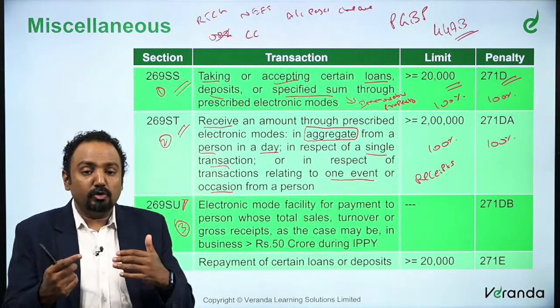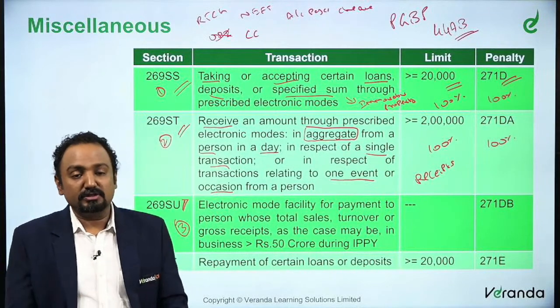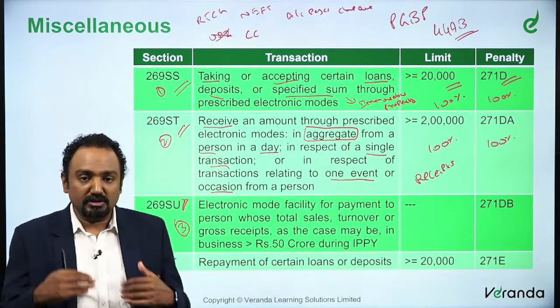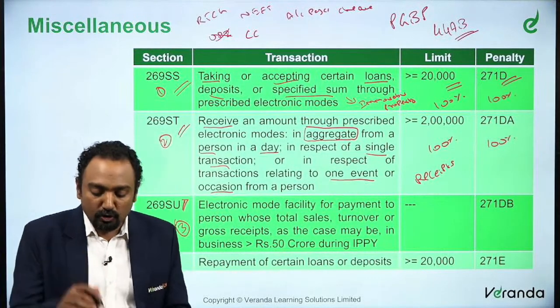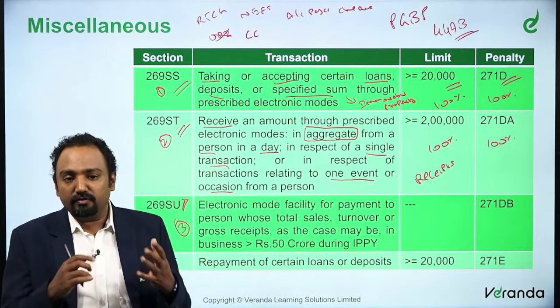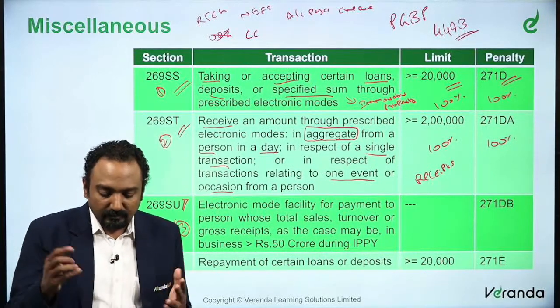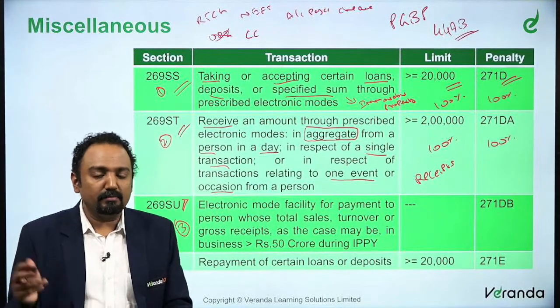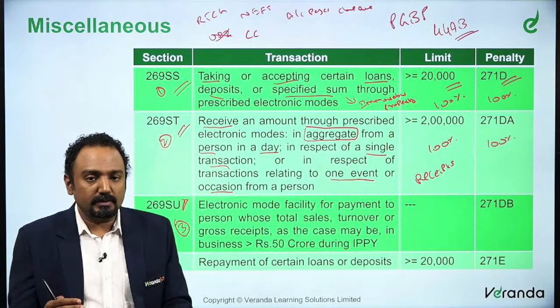In 269SS, you receive a loan or deposit or specified sum by a mode other than the prescribed mode. In 269ST, you receive an amount through a prescribed mode, in aggregate from a person in a day, in a single transaction or one event, more than 2 lakhs. The third one, SU, is also about receipt.